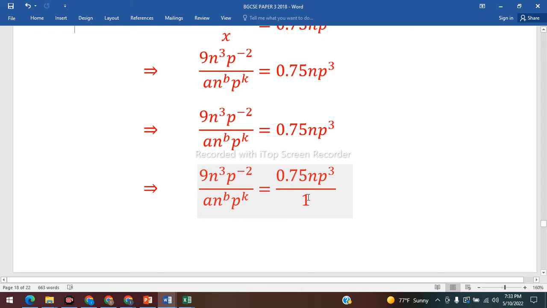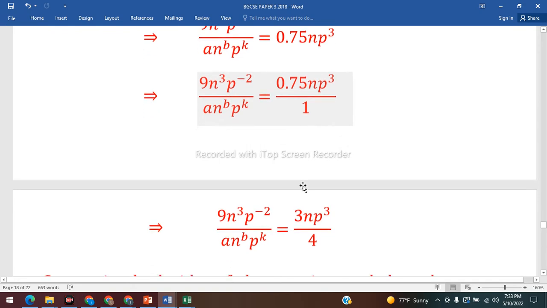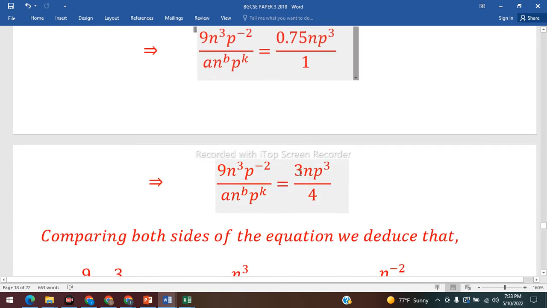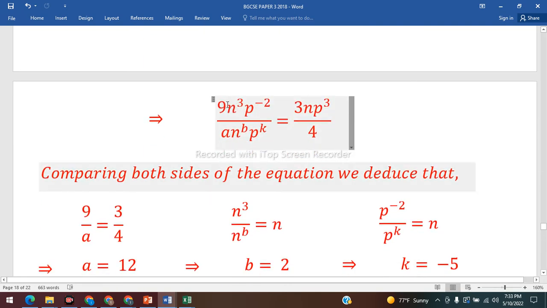Now, what is 0.75? Well, 0.75 is simply 3 divided by 4. And if we have this equation, we could compare both sides of the equation. So if we look here, 9 and a are the constants. So that means that 9 divided by a is going to be equal to 3 over 4, because they are the numbers that we're looking for.